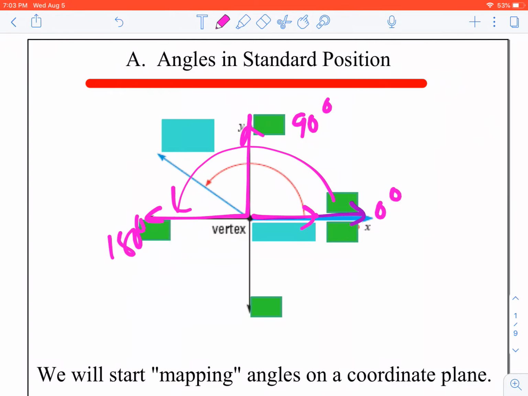If I draw my terminal side on the negative y, we've gone a total of 270 degrees. How am I getting all of this? I keep adding 90 degrees. And then if I go back, I get back to 360 degrees. These are a bunch of 90-degree angles.